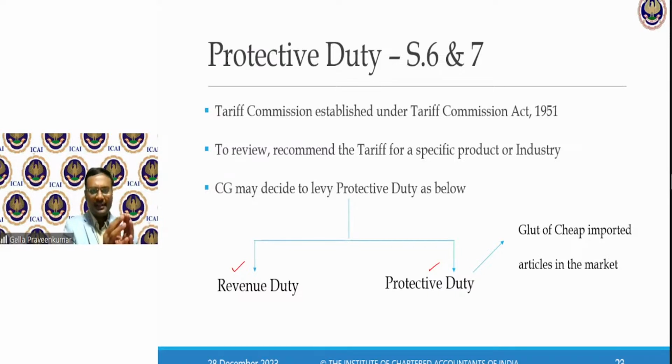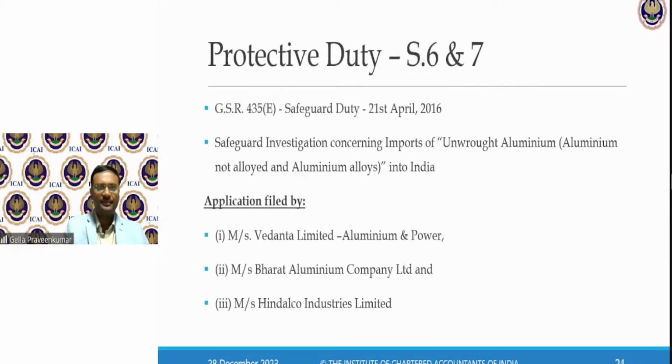Generally, most of these provisions of Section 6, Section 7, Section 8, Section 9, all this anti-dumping duty, safeguard duty, countervailing duty, all these are mostly referred to products from China. So in case there are any cheap products which are getting glutted into the Indian market, to protect a particular industry, they may levy something called protective duty. This is just a reference.